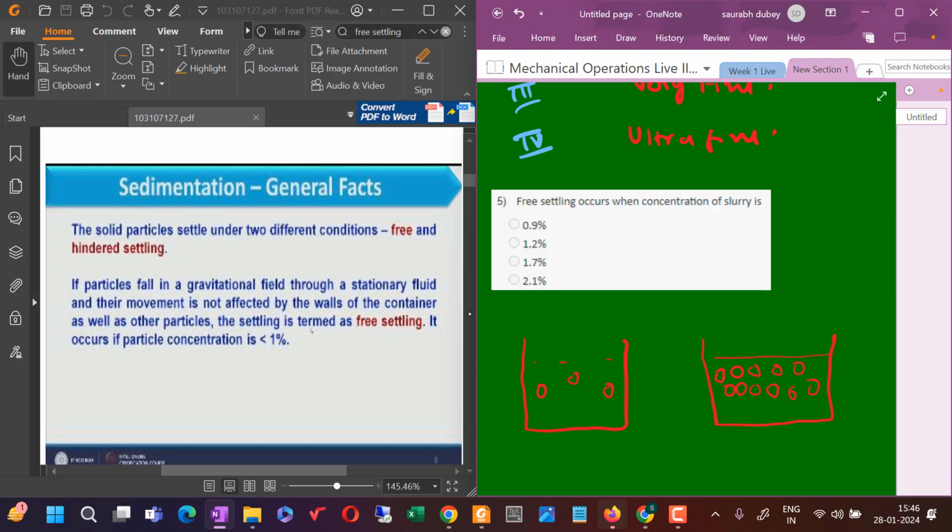If the particle falls in a gravitational field through a stationary fluid, which is the fluid in which the settling is happening, its movement is not affected by the wall of the container.